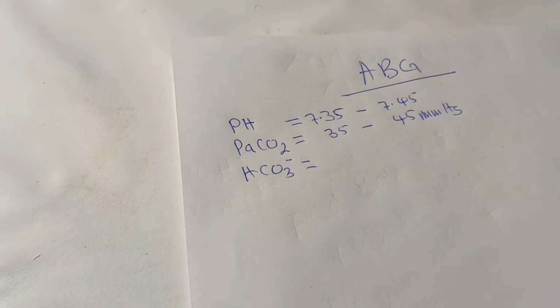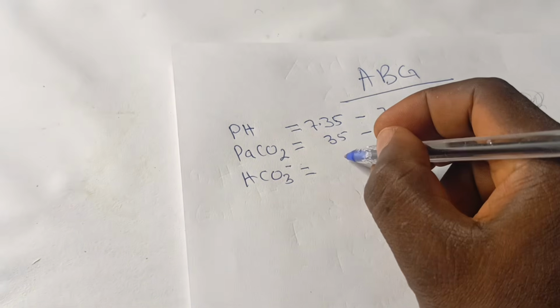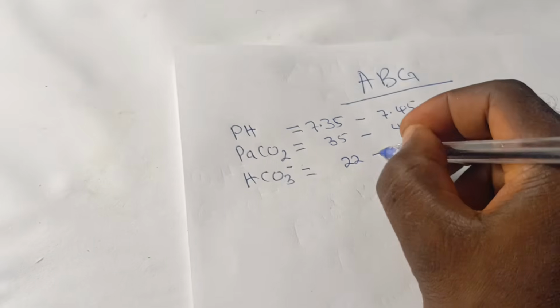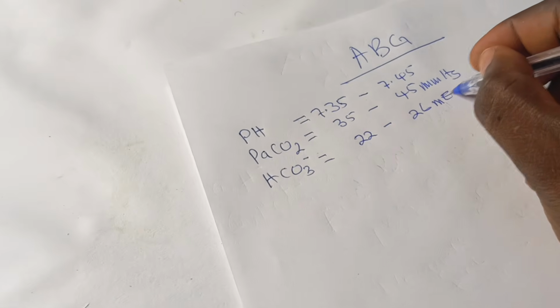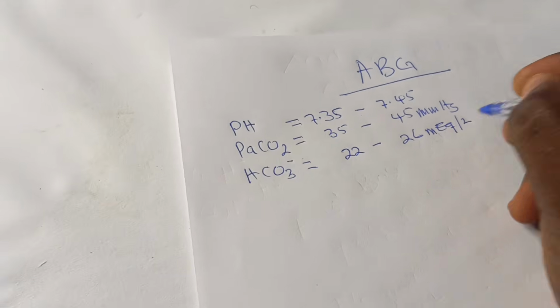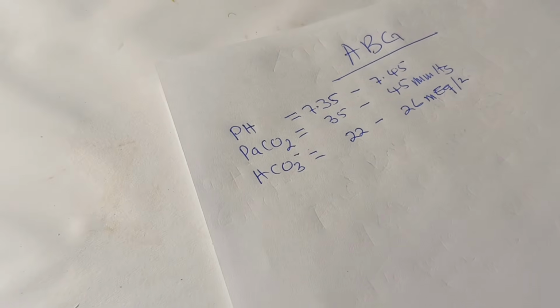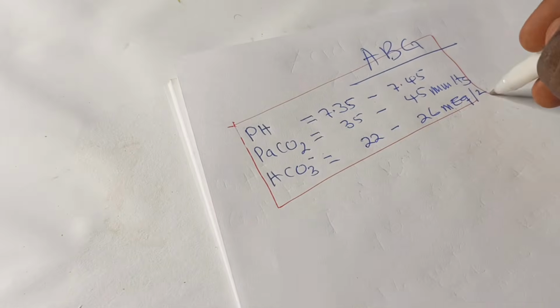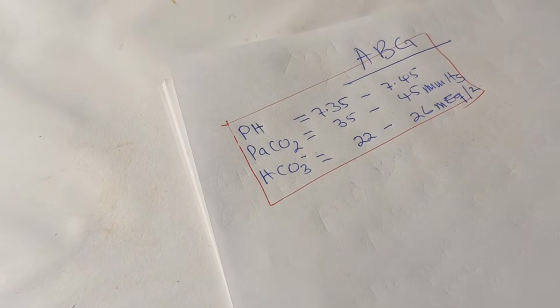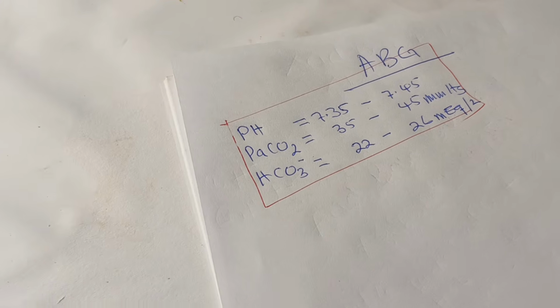For the bicarbonate, the normal value is 22 to 26 milliequivalent per liter. Now, do not forget these values. Do not forget them because they are needed to do the interpretation.